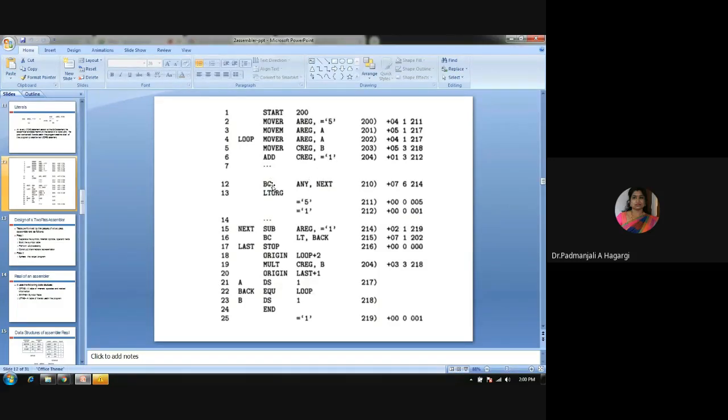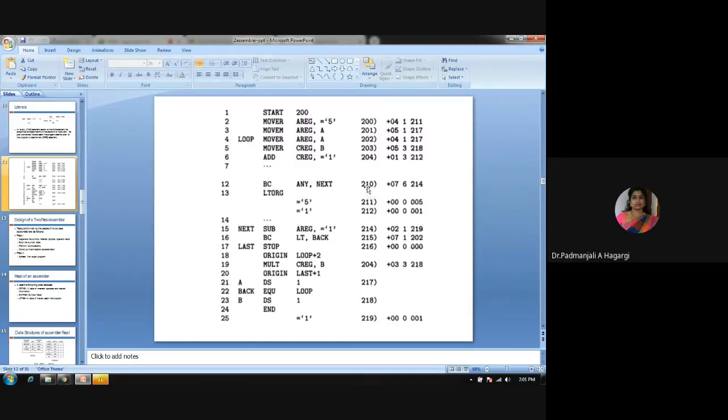Now here we have a certain set of instructions, and the location counter will be at 210 because here we have 8, 9, 10, 11, some lines of instructions.